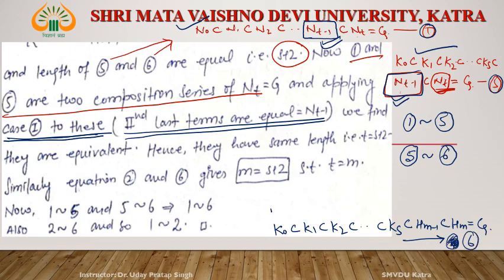And what is 2? 2 is H0, H1, H2, Hm-1, Hm, that is G.